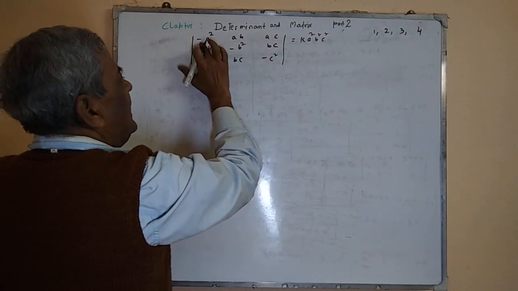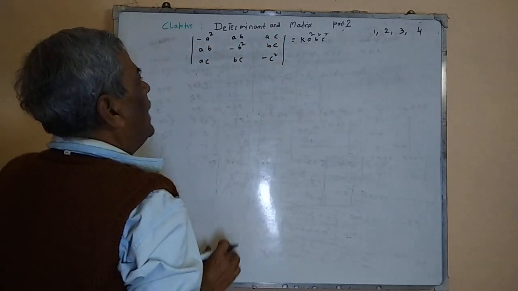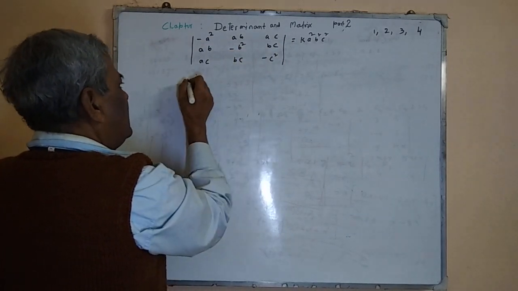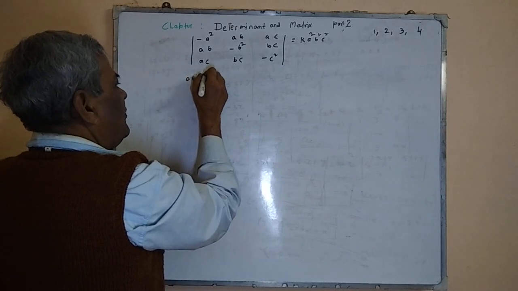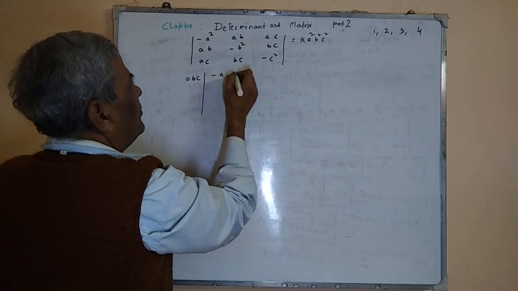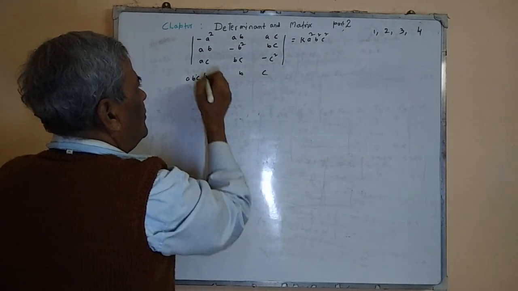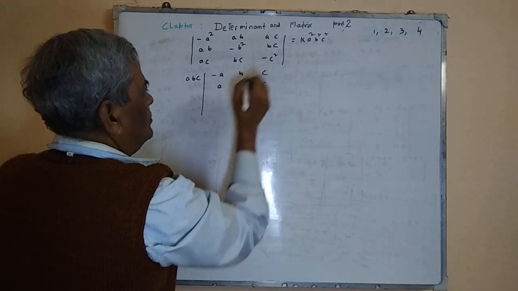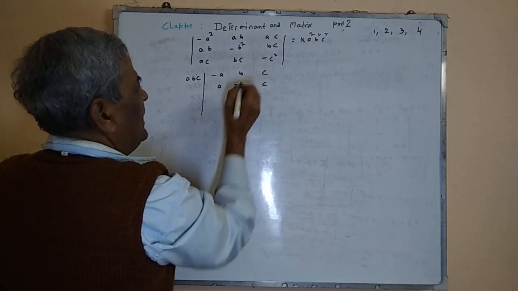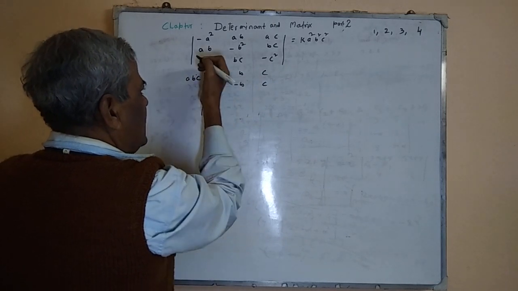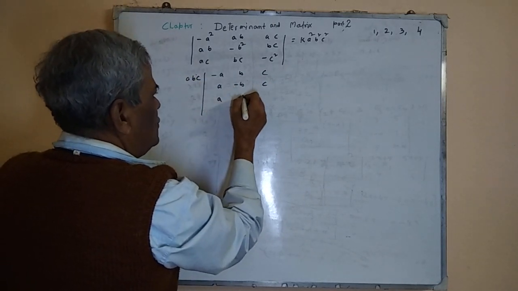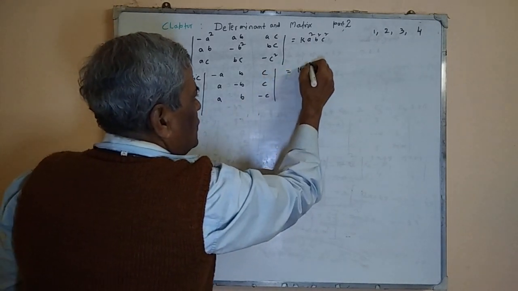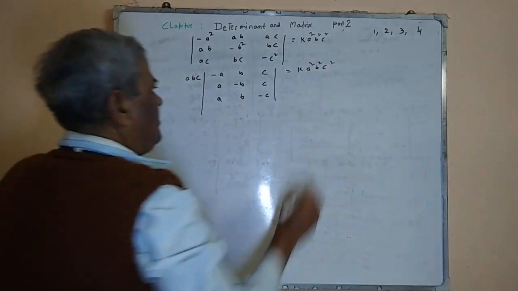Now we get, taking a common from R1, b common from R2 and c common from R3, and then taking c common, this is a, this is b, this is minus c, is equal to K a square b square c square.